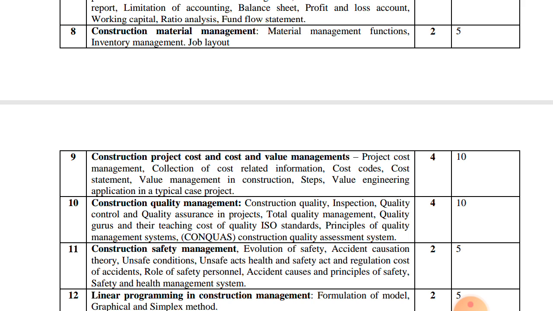Now next is chapter number 11, construction safety management. From the starting of construction, safety is compulsory. Here we discuss evaluation of safety, accident causation, unsafe condition, unsafe act, health and safety act and regulation, cost of accidents, role of safety personnel, accident causes, principles of safety, and safety and health management system.